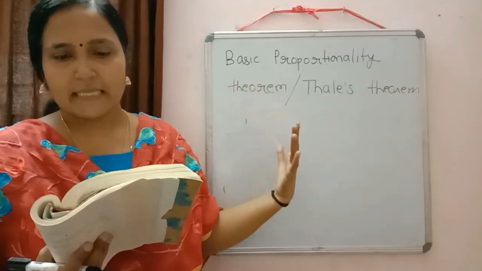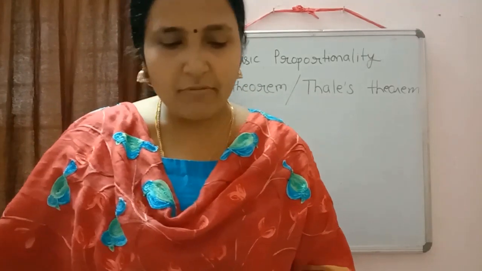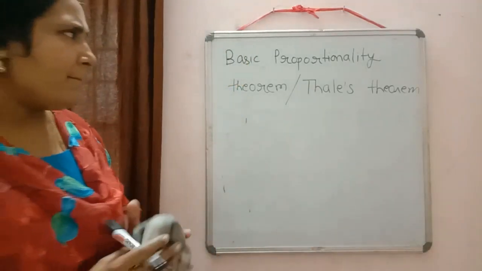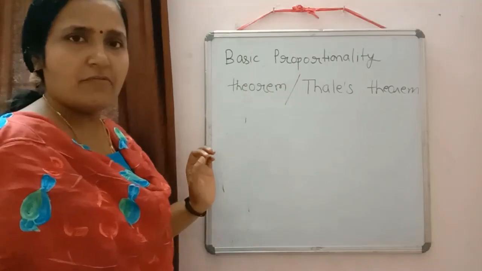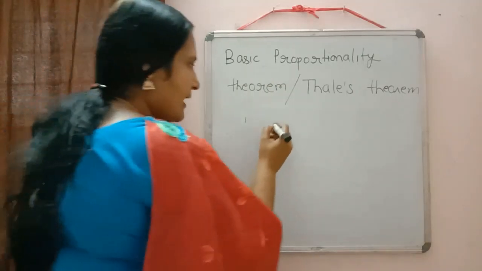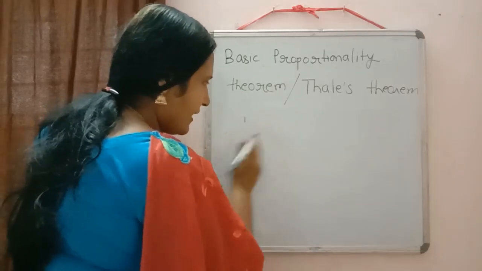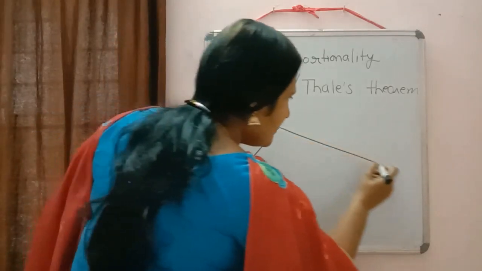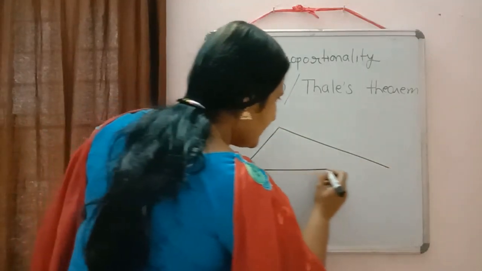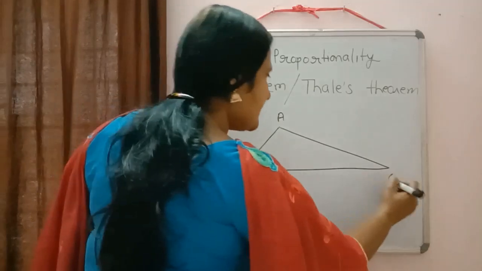Now we will check what is the meaning, what is the concept which they are saying. First one, we have a triangle. Always don't draw equilateral triangle. So we have a triangle here. Suppose naming is triangle ABC.